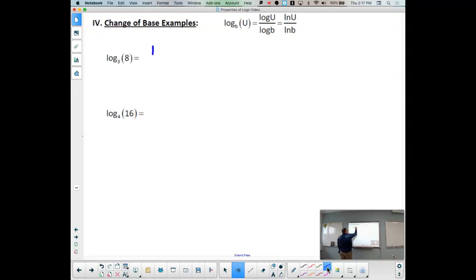So if I went log of 8 divided by log of 3, now I will tell you, the biggest spot for a mistake here is on certain calculators. A lot of them in the last couple of years have been pink or they've been blue.